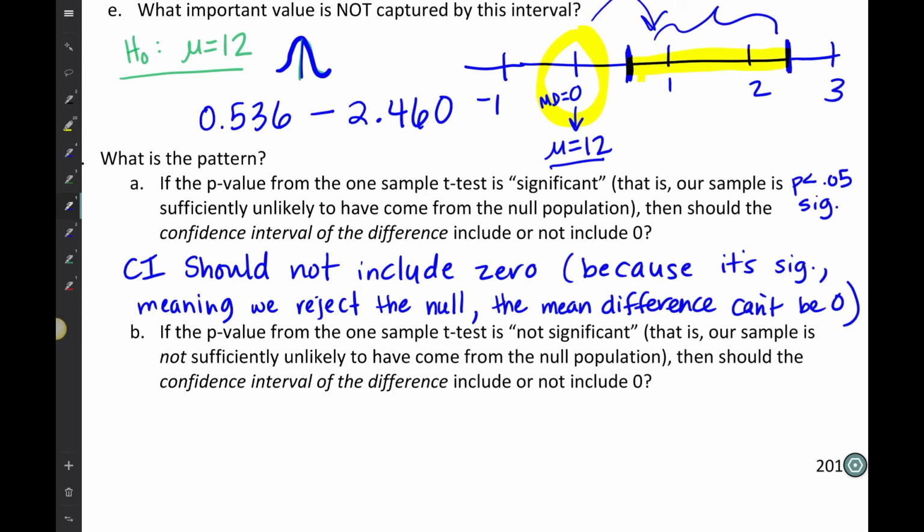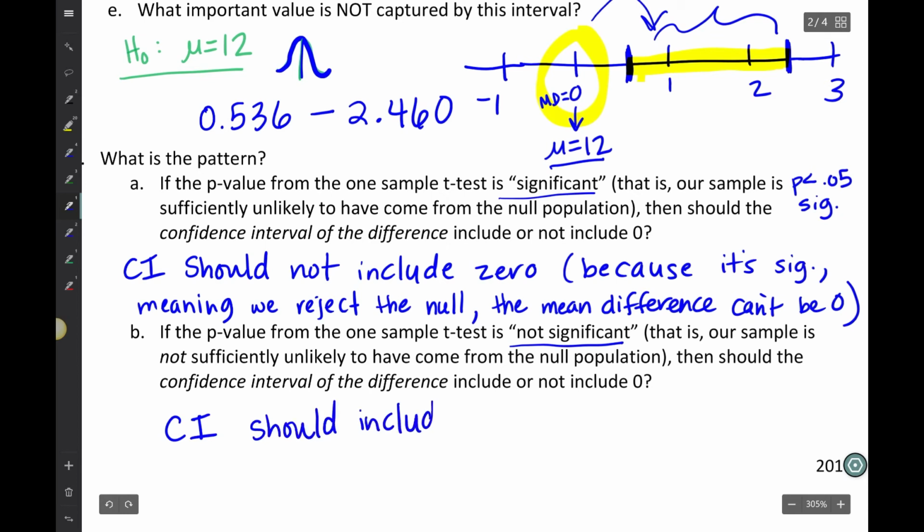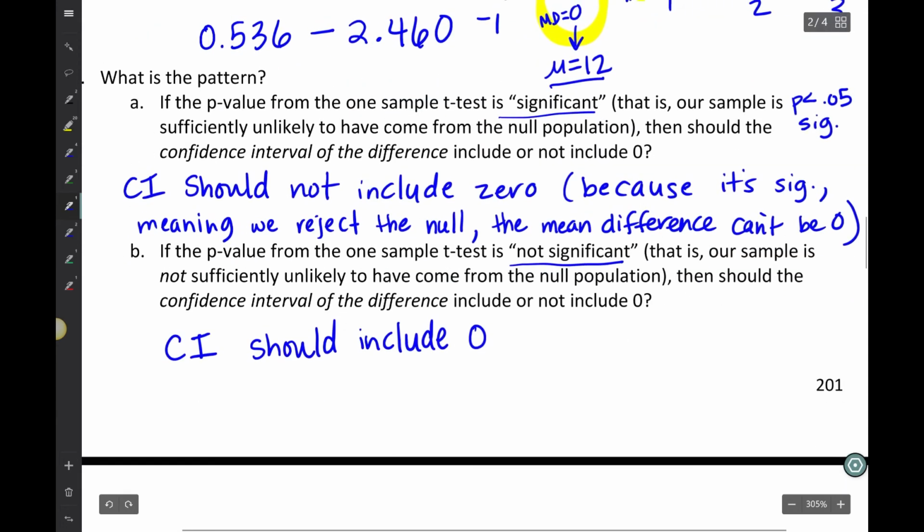If the p-value from our one sample is not significant, then should the confidence interval of the difference include or not include 0? In this case, the confidence interval should include 0. This is because if it's not significant, we're saying, yeah, it could be the case that the mean is actually 12.